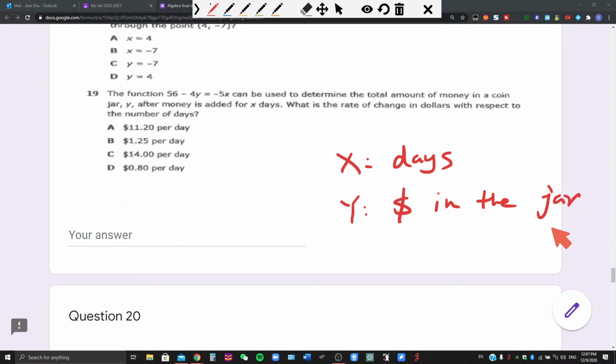What is the rate of change in dollars with respect to the number of days? When we talk about rate of change, we mean slope, or m, right? What is m? To do that, you already have the function formula. You only need to rewrite.